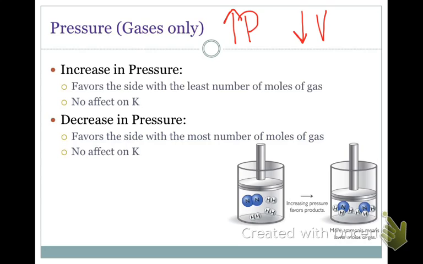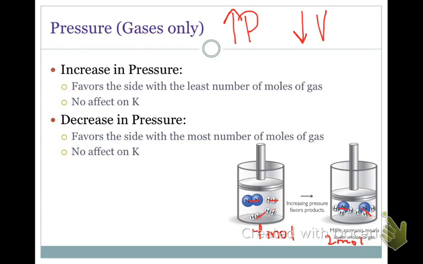So the picture on the bottom right shows you that if you had nitrogen atoms and hydrogen atoms and form ammonia from that, the Haber process, if you increase the pressure, the volume goes down, so you see that piston going down, there's less space in there, so it's favoring the side with the least number of moles of gases, because on the reactant side we have 1, 2, 3, 4 moles of gases, and in the product side we have only 2 moles of gases.